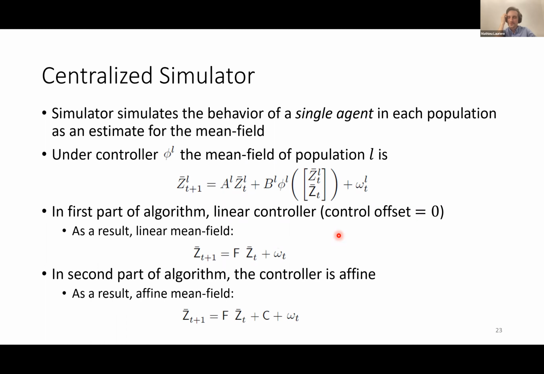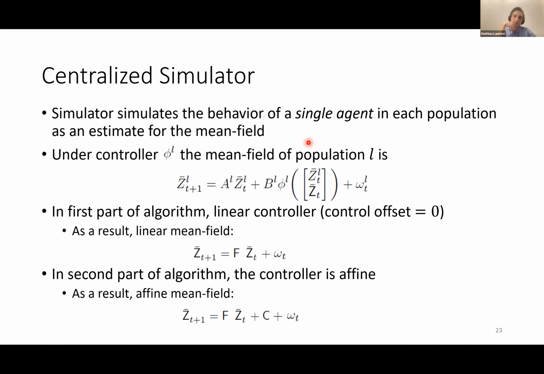Sorry, just a follow-up question. So this omega t is a kind of common noise? Omega t, yes, it's not a common noise. The noise is due to the fact that the simulator simulates the behavior of the mean field, but it actually has access to a single agent dynamics.